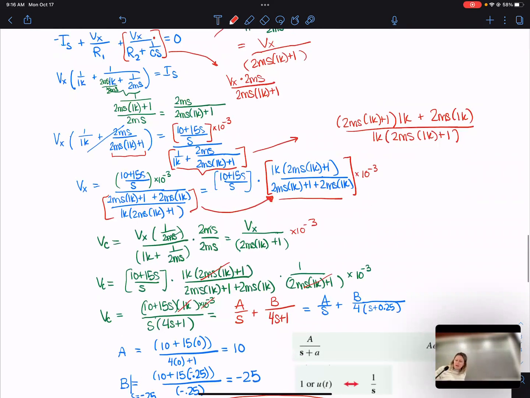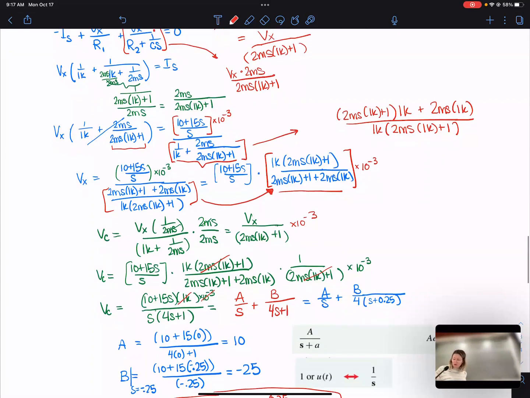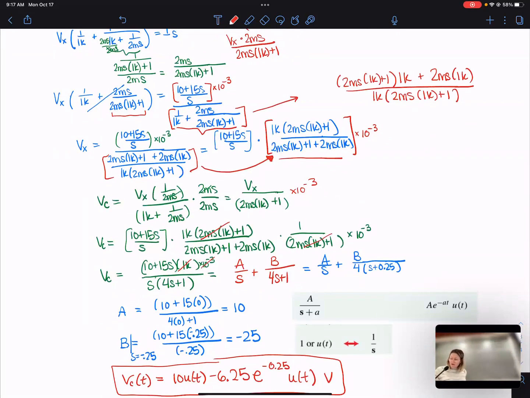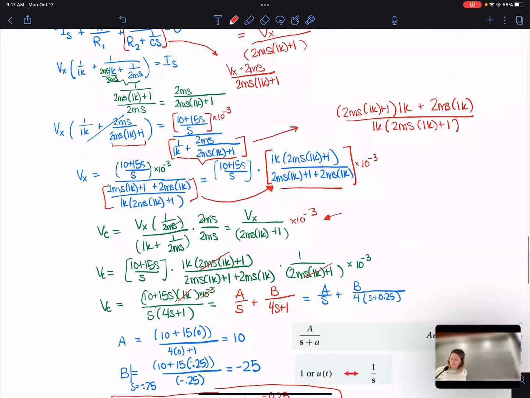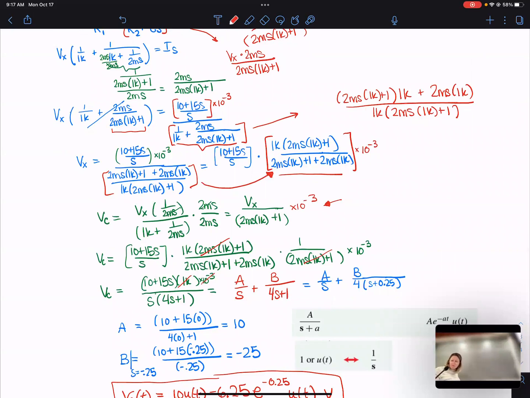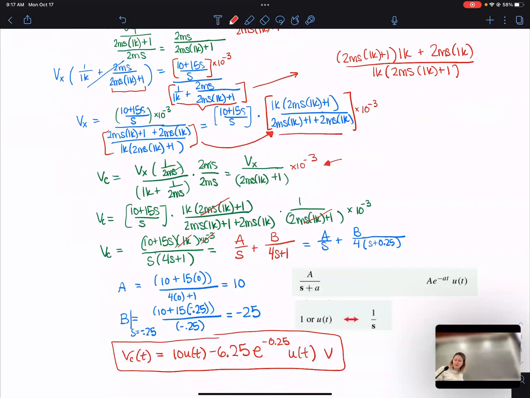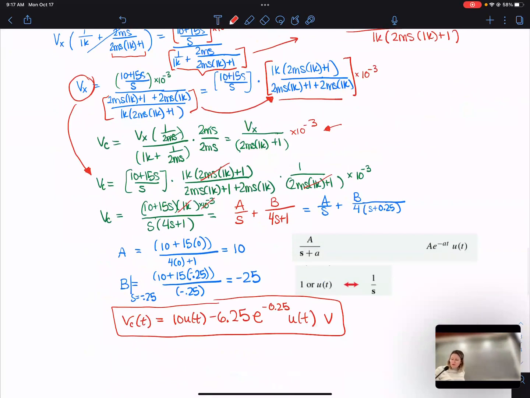And then VC was the Vx times 2 milli S over 1K plus 1 over 2 milli S, or this one, Vx over 2 milli S 1K plus 1. And so I plugged in the Vx here. So the 10 plus 15S over S times 10 to the minus 3.